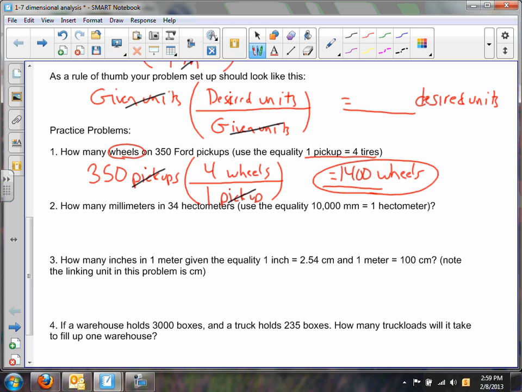In number 2, if I'm given 34 hectometers, and I want to turn that into millimeters, that's my desired units. Well, the 1 hectometer has to go on the bottom. That's equal to 10,000 millimeters. Hectometers cancel out.